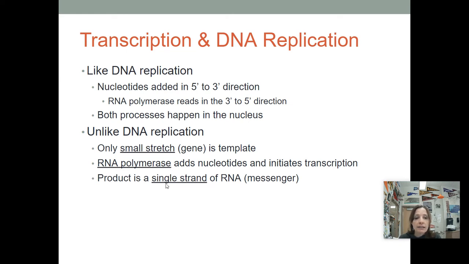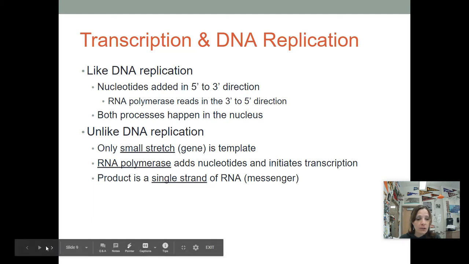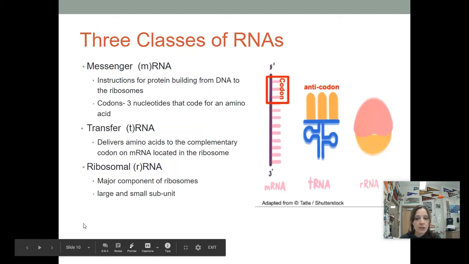And the product in transcription is a single strand, so mRNA or messenger RNA. The product in DNA replication, remember, is a double-stranded molecule that's identical to the previous one.